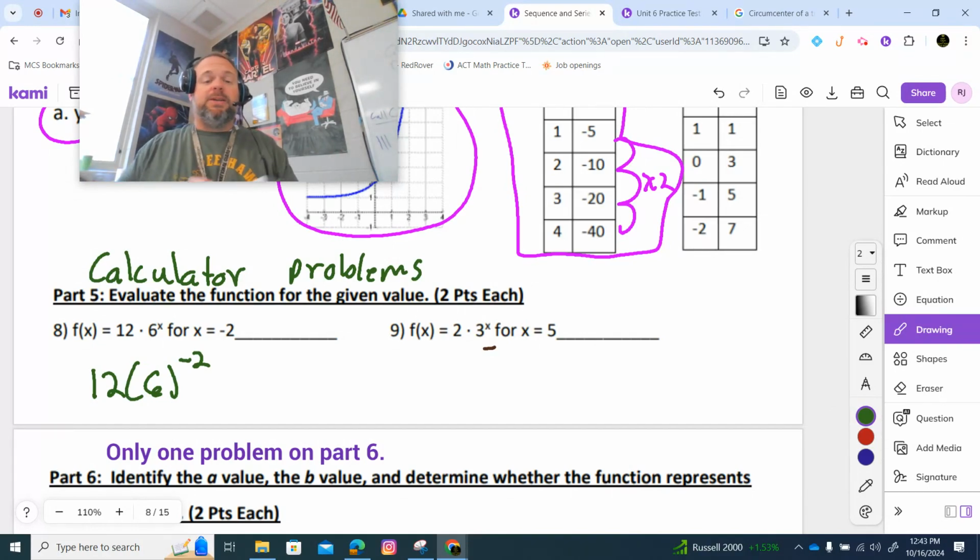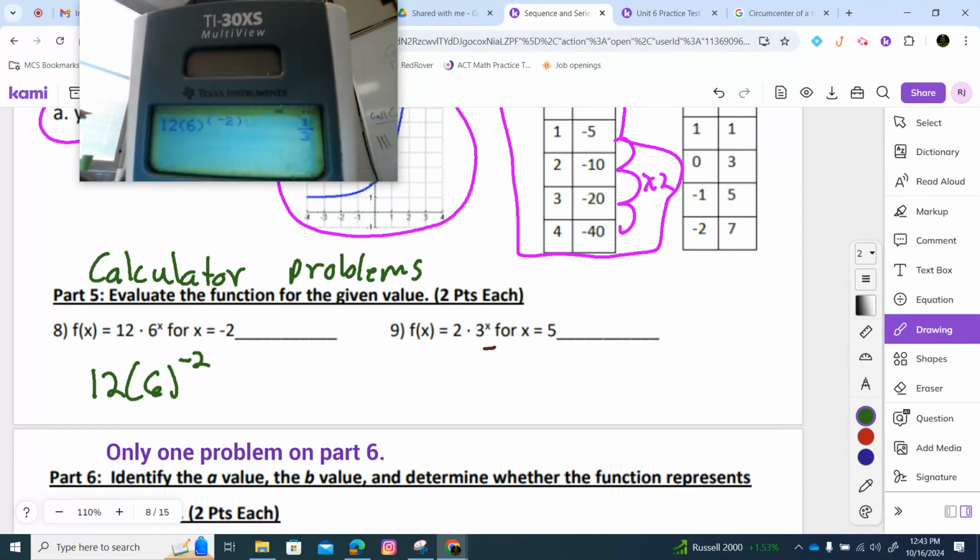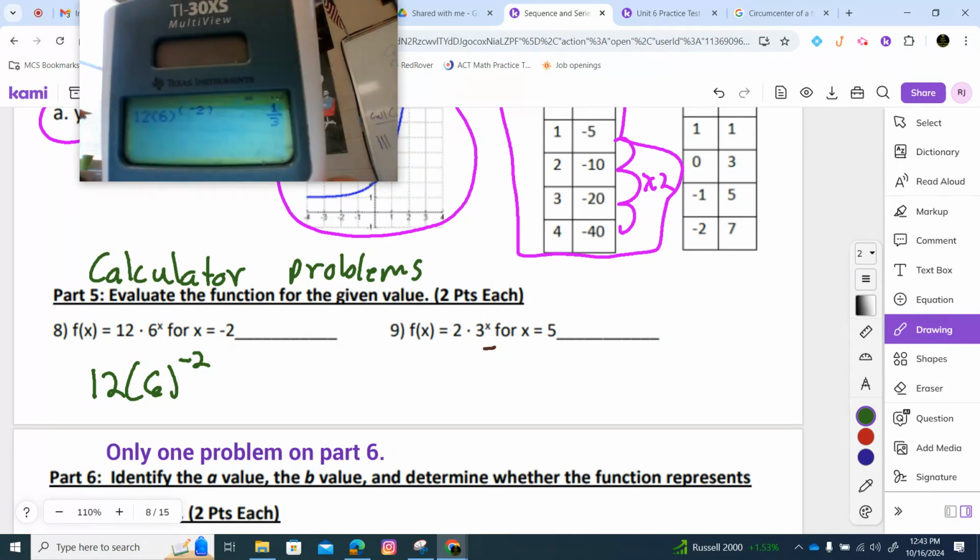So, you would actually plug this into the calculator like that. You use your calculator. All right.